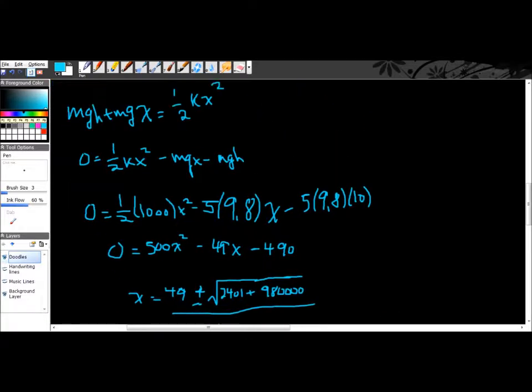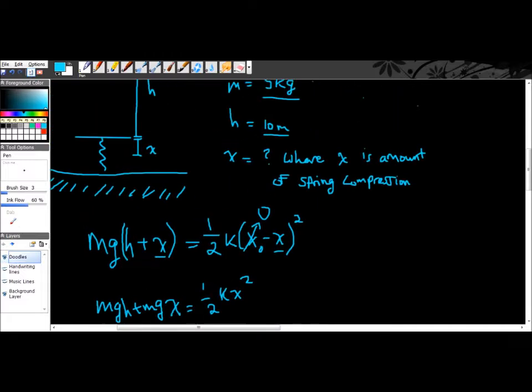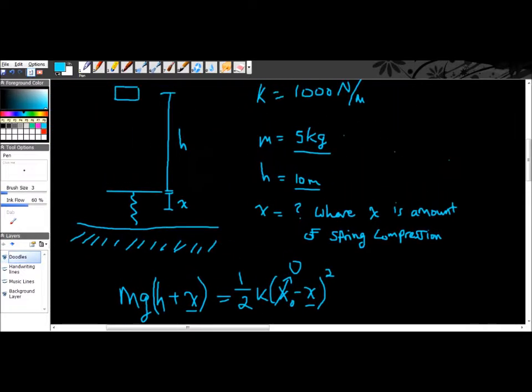Let's go back to the problem. We assumed that the height was positive.